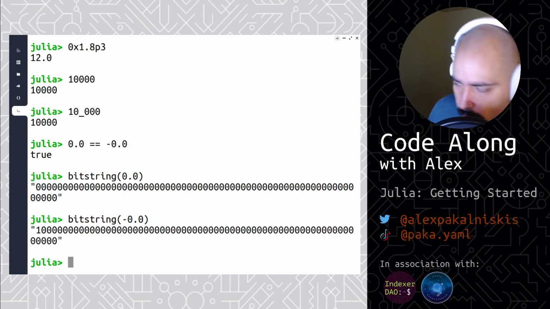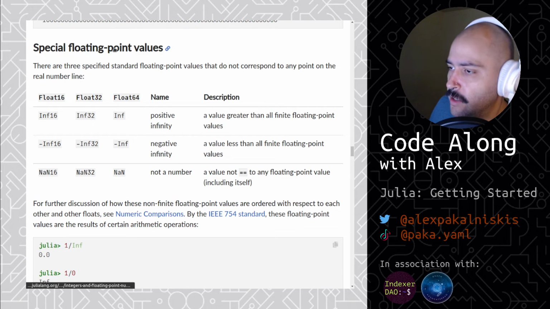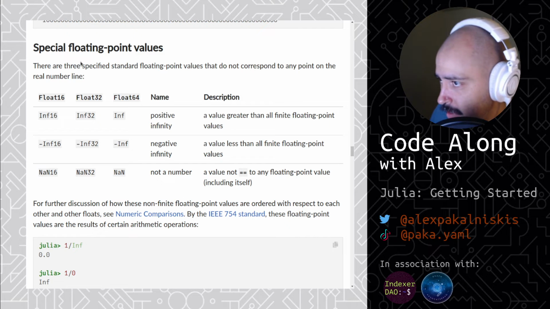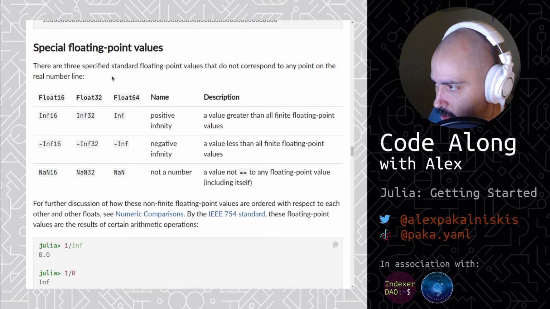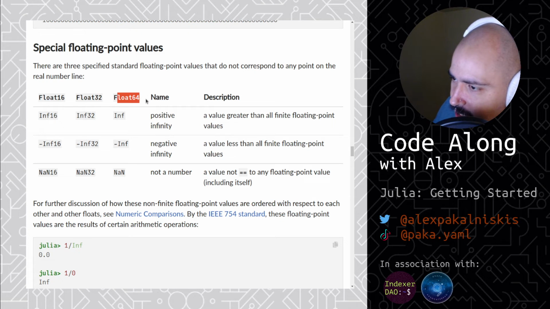So Julia has some special floating point values. These are, I guess, 3 specified values that do not correspond to any point on the real number line. They're just kind of there, I guess, for convenience. So there's a Float16 infinity, a Float32 infinity, and a Float64 infinity.